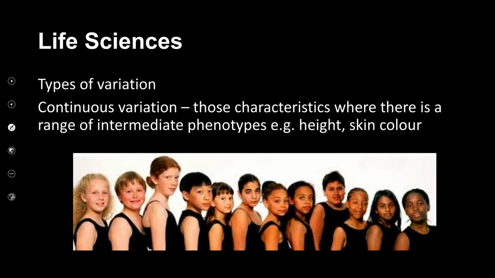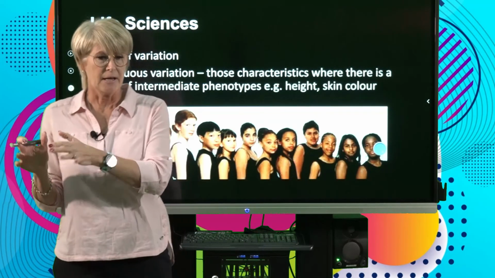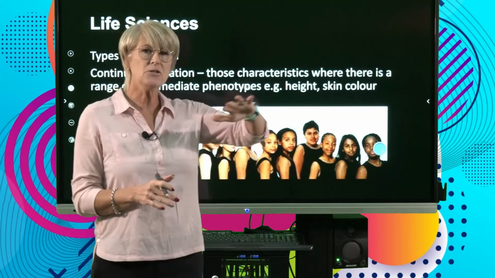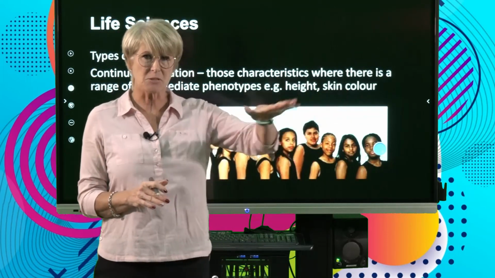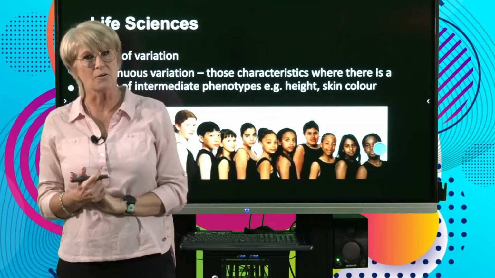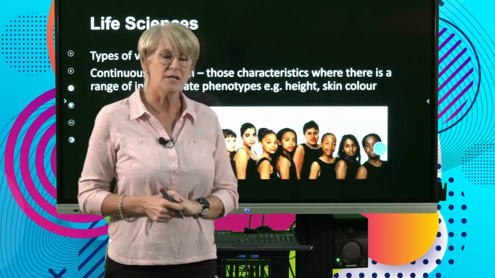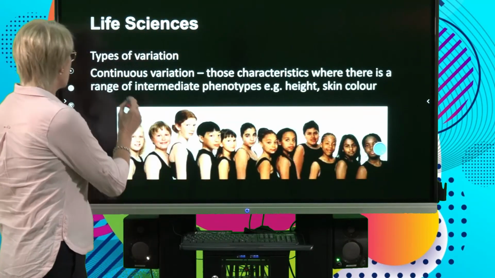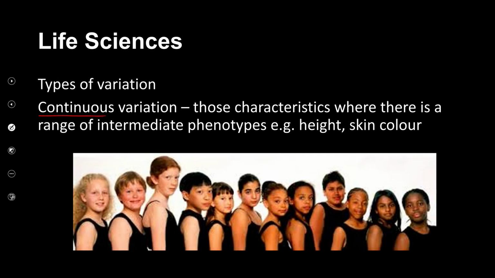Now we get different types of variation. If we have a look at characteristics, there are some that don't place individuals or organisms into specific categories. They seem to have more of a continuous variation between the different forms, and that we call continuous variation.